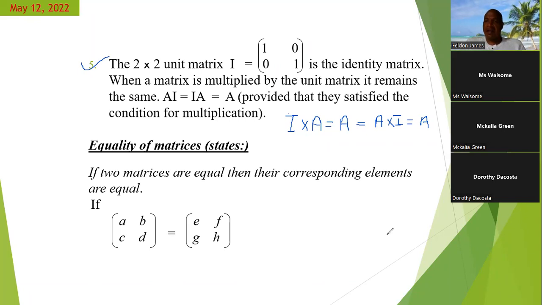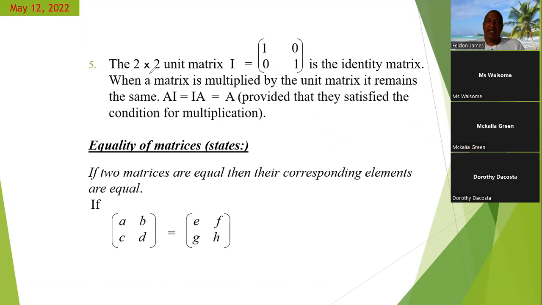So it's generally not going to work when you multiply two matrices where neither of them is the identity matrix. But it will work when you multiply a matrix by the identity matrix. All right, guys, so that is something to bear in mind. So this would be thing to note number 5, all right?